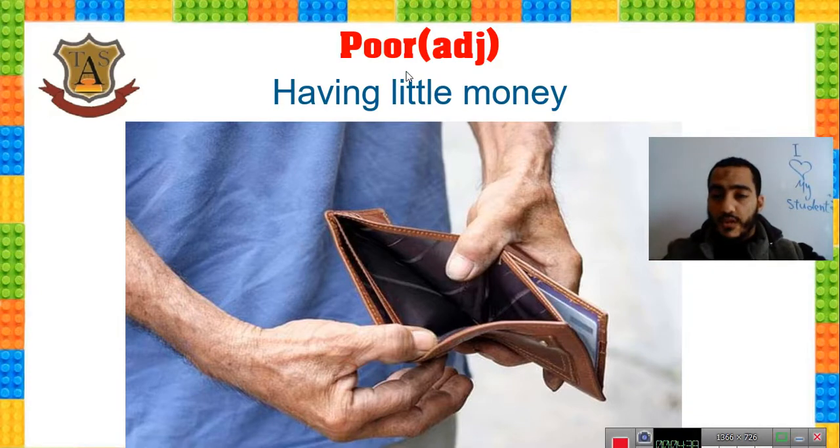Adjective. Poor is an adjective. This word describes a person who doesn't have money or has a little money. Poor people. Poor means having little money, as you see in the picture. He doesn't have any money.